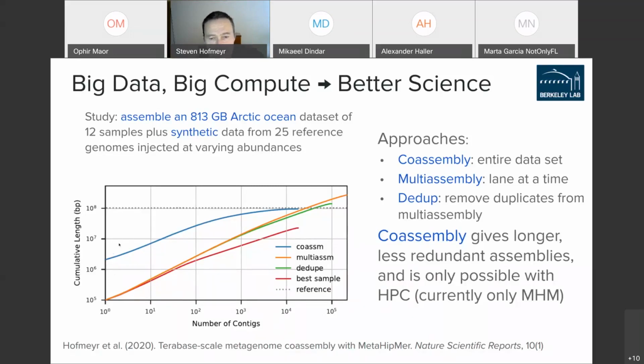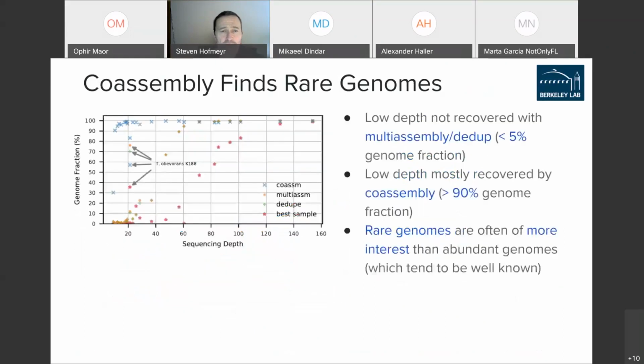And you can see by looking at this blue line that you're assembling much, much longer sequences with co-assembly, which is the blue line, than you are with multi-assembly. So this has several benefits, and I'll just talk about one of those, which is that co-assembly allows you to find rare genomes that you would never find otherwise.